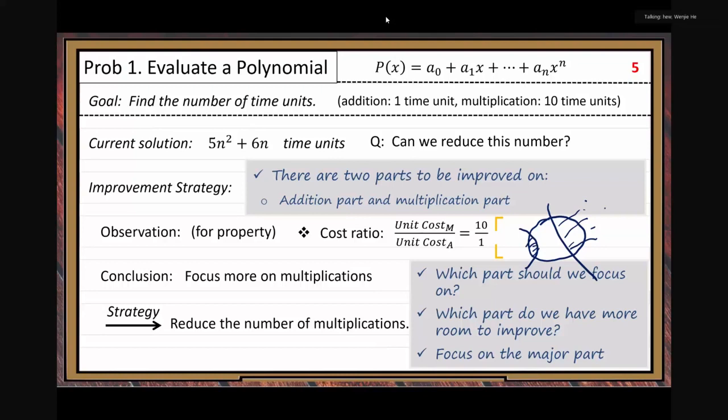The new question is how to reduce the multiplications. That's the key problem to solve. If we can solve this problem, we will get a final solution quickly.